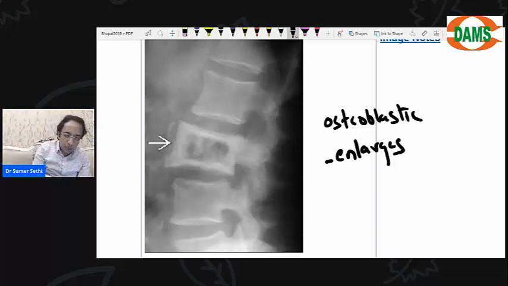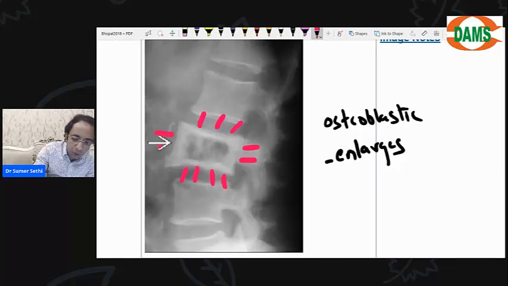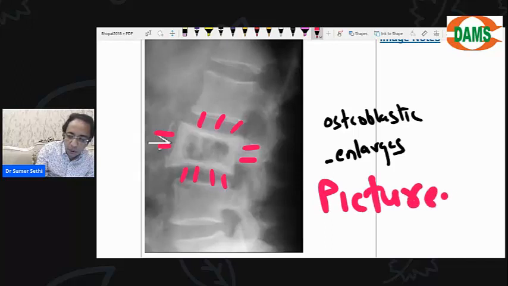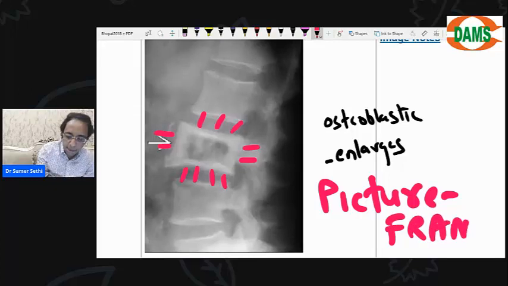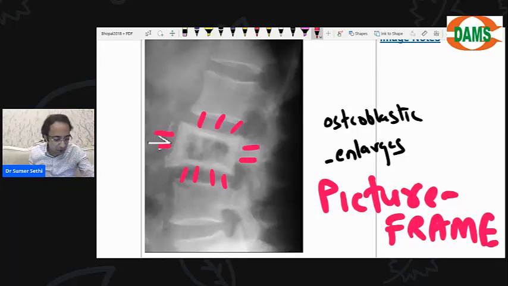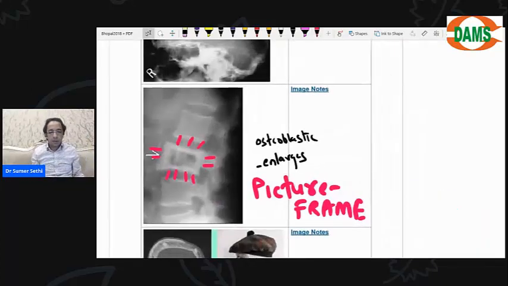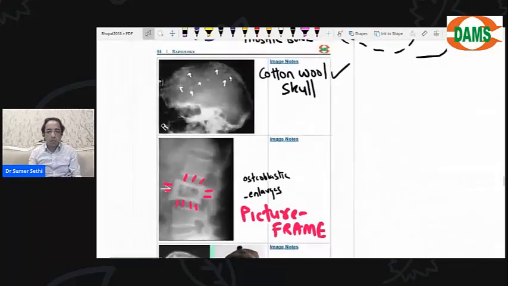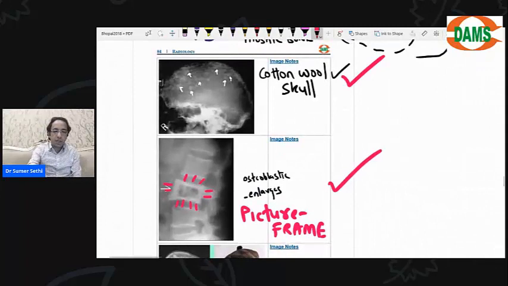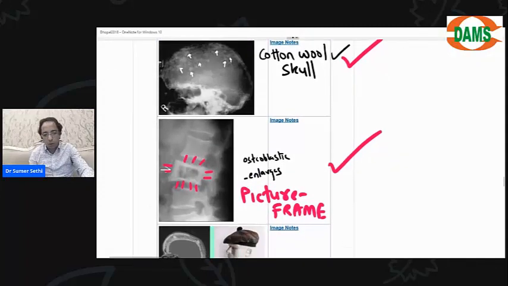Can you see there is increased density, there is sclerosis, there is remodeling along all the borders of the vertebra. This is what is called as picture frame vertebra. So there are two classic words that I want everybody to know at least: cotton wool skull, picture frame vertebra, seen in Paget's disease of the bone.